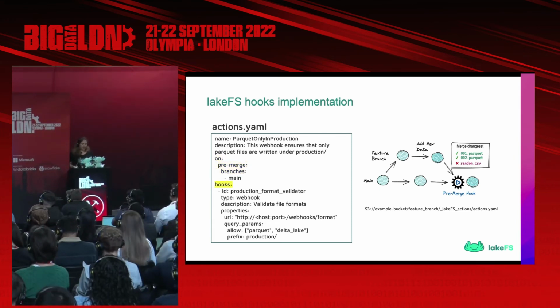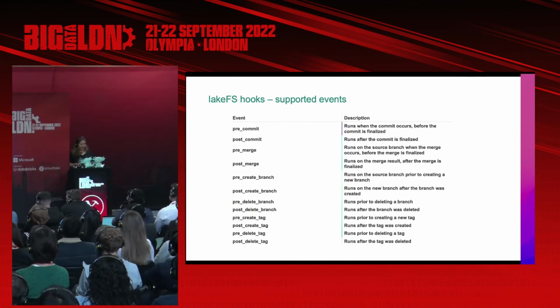I'm defining the hooks itself, what it's going to be. I'm giving it an ID. And the most important, I'm giving it properties. I want to know which webhook server to connect to and what it is going to check for me. So here I have my query params, where I allow only Parquet and Delta Lake formats, and I can deploy to production.